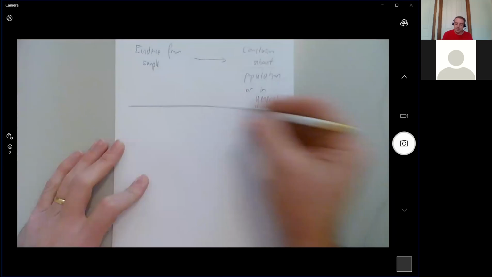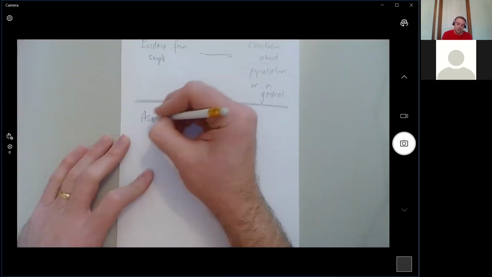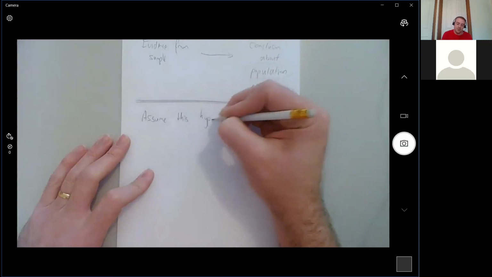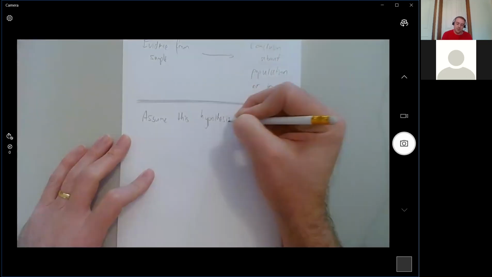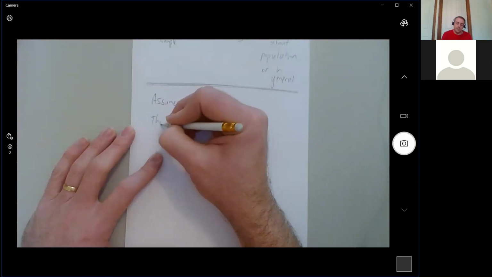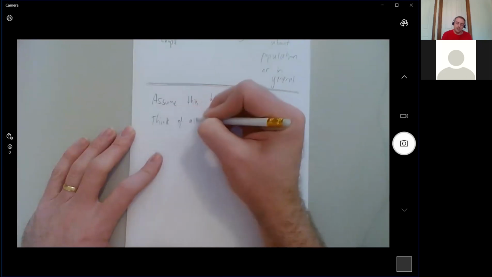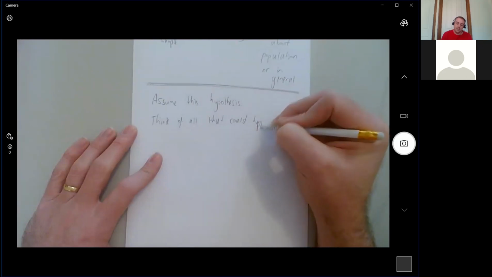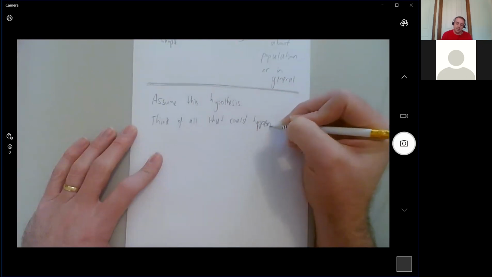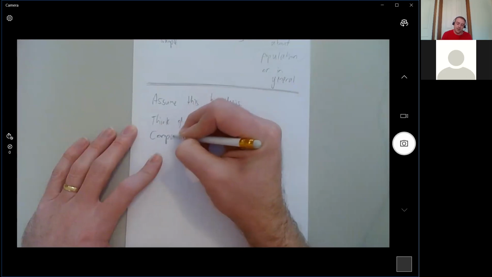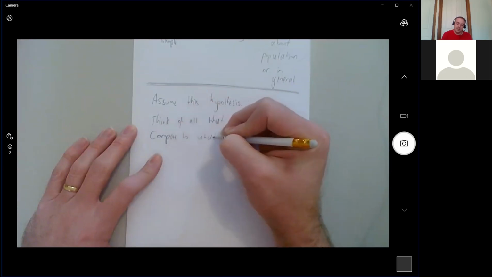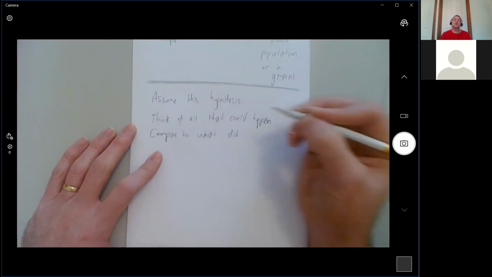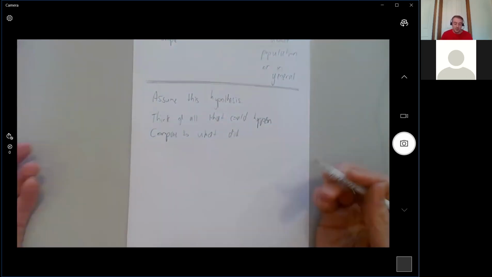So you go, assume this hypothesis, all that could happen, and compare to what did, and decide if what did happen is unusual compared to all the things that could happen.